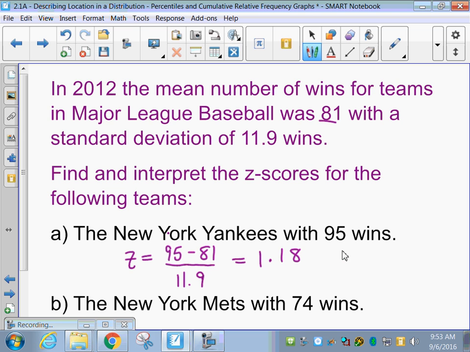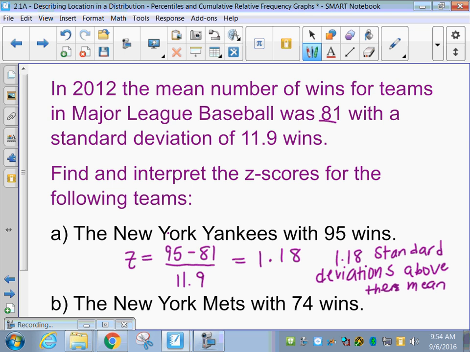So the New York Yankees were 1.18 standard deviations above the mean. When we standardize, you guys, the mean is 0, and every standard deviation is 1. Goes by 1, 2, 3.